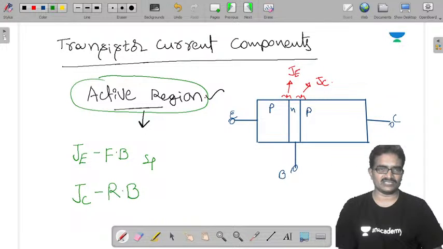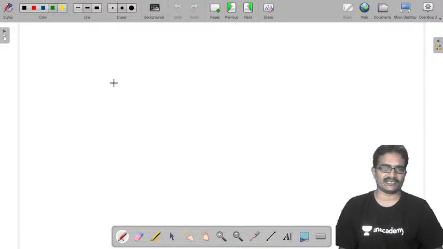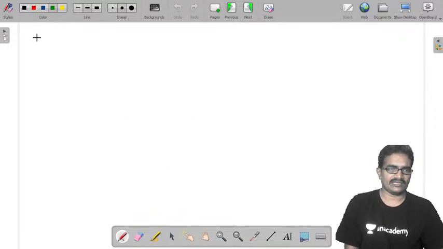Once the junctions are operated like this, we say our transistor is in the active region. Now I am going to operate my transistor in the active region, and for that this is going to be done in two steps. In the first, step one.